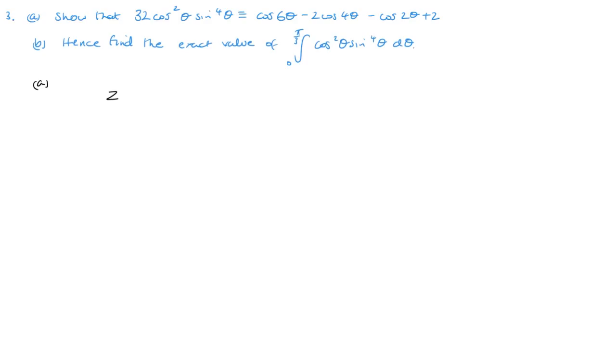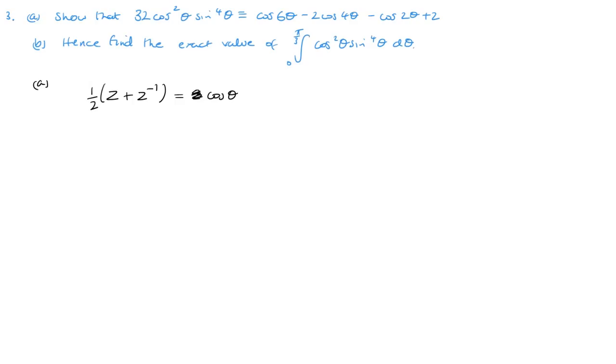So first, z plus 1 over z, which I'll write as z to the minus 1, is equal to 2 cos theta. Now if I divide by 2, this becomes a half in front.